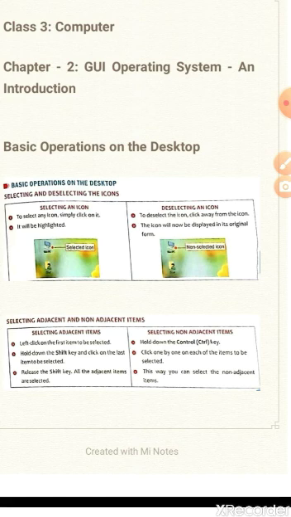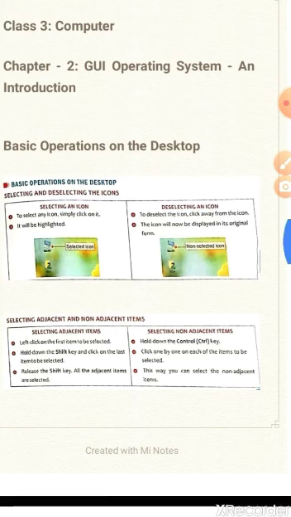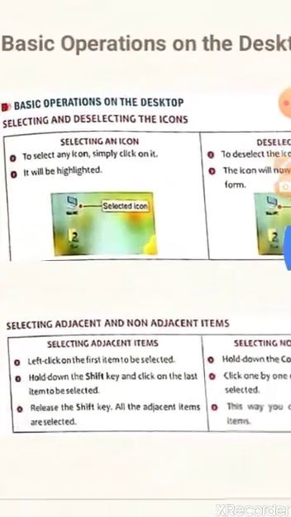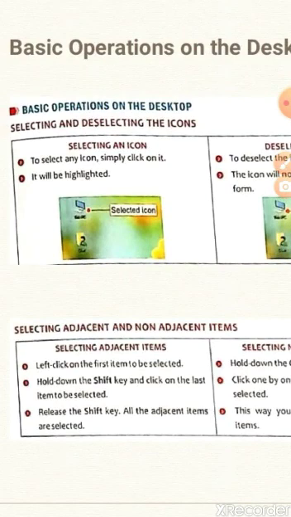So we all know icons are the small pictures on the desktop. When we want to open one, we click on it. That is called selecting an icon. To select any icon, we need to simply click on it.